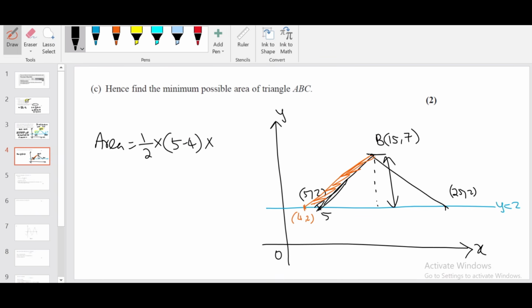This is 15, this is 2, so it's going to be 15, not 15, 7. The y coordinate is 7, 7 minus 2 is 5, so you will get 5 over 2 square units. That's the minimum possible area.